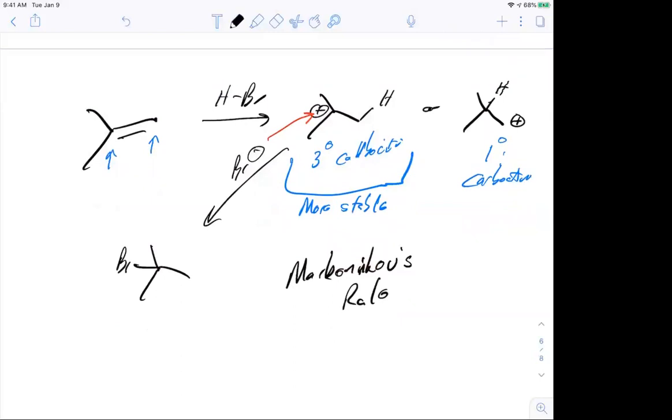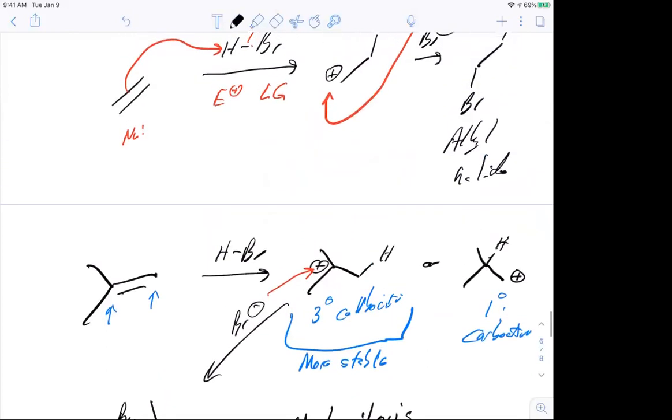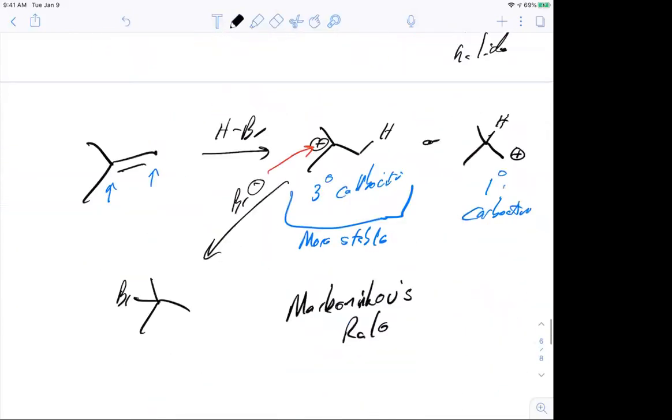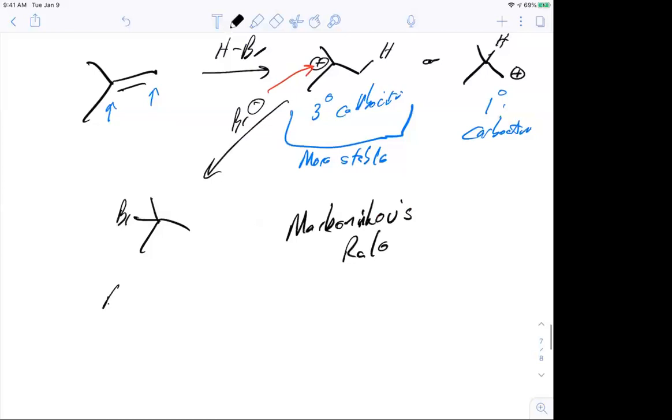We're also going to see something called non-Markovnikov products. The non-Markovnikov products is not going with the least stable. What we do is we have to trick the chemistry into adding the substituent to the opposite side. So we have regioselectivity here.